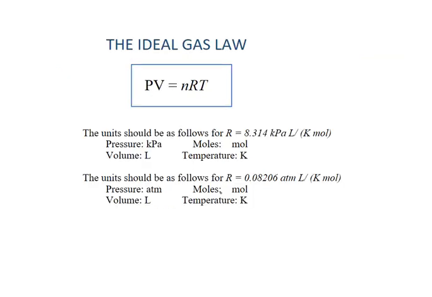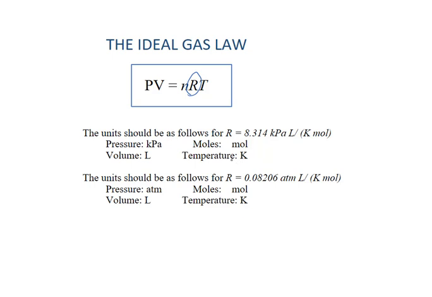What we do need to consider are the units when we're studying or using the ideal gas law. So the ideal gas law, as we've discussed, includes 5 variables, P, V, n, R, and T. R is going to be a constant, and once we know which R value we're using, then we'll be able to be clear on what the units will be of the other variables.